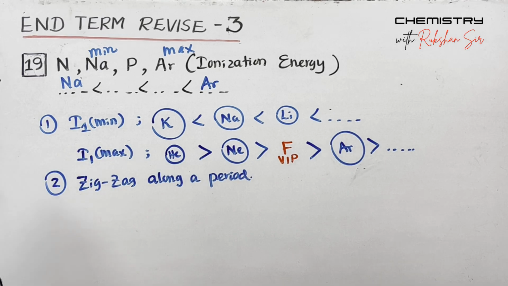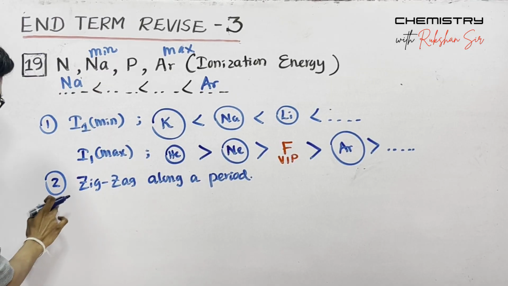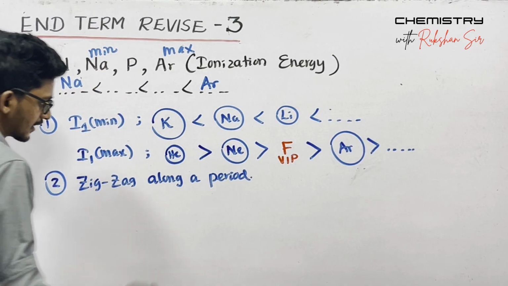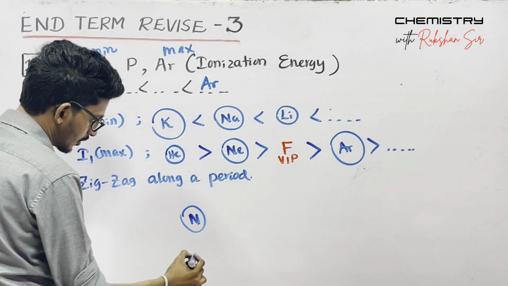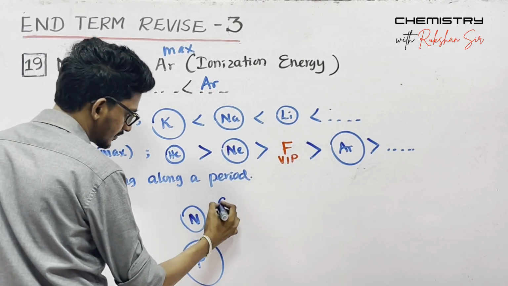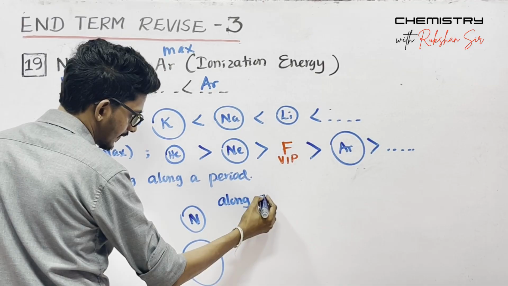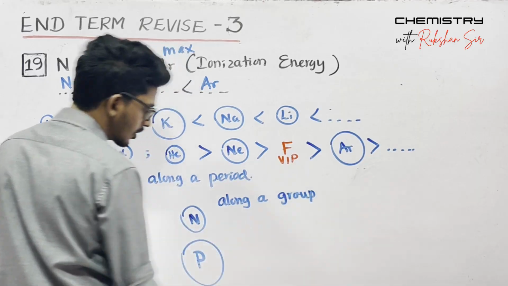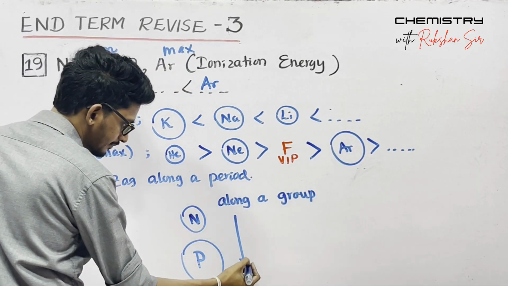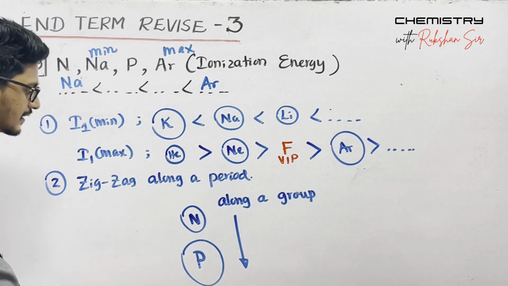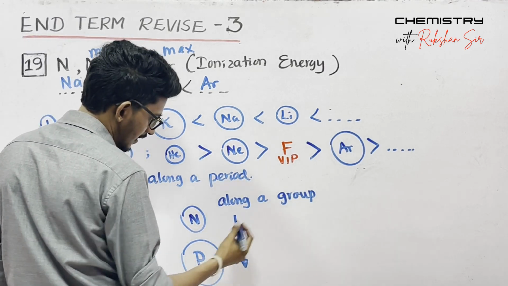No need of thinking of zigzag even. Nitrogen is a small atom and phosphorus is a large atom. So you can use the pattern along a group. When going down, as the electron is far away from the nucleus, it is easy to release the electron.